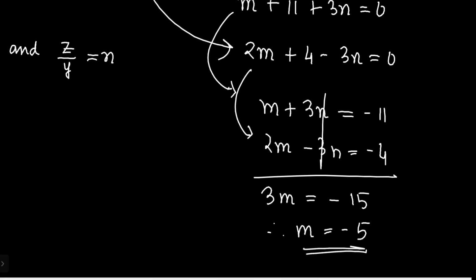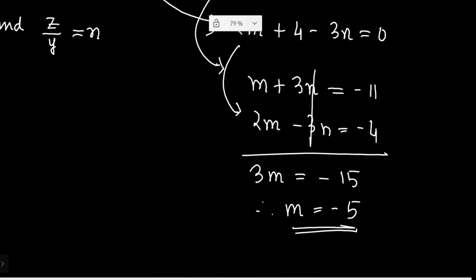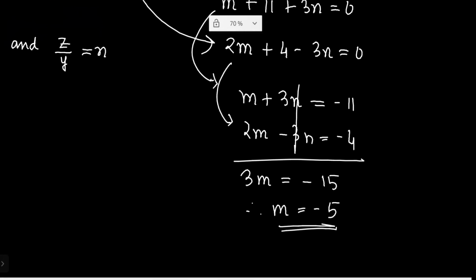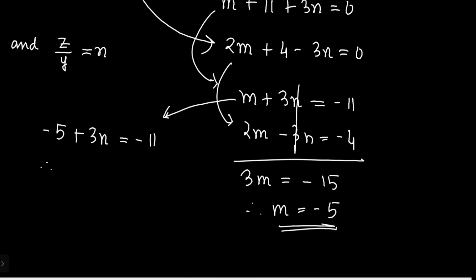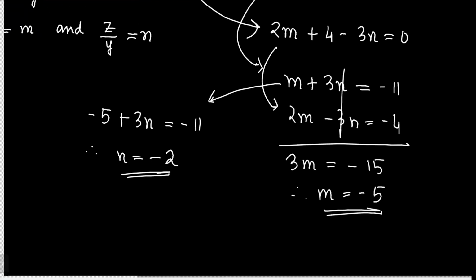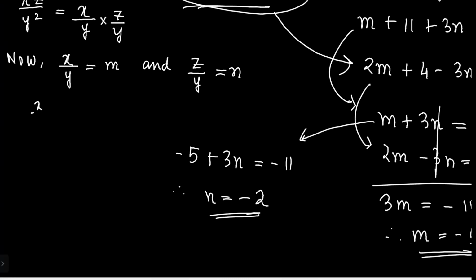Now once I get m, I can easily find out the value of n. If I put the value of m in this equation, minus 5 plus 3n is equal to minus 11. From this, n will be equal to minus 2. Once we have found that, we have to find out x by y into z by y.